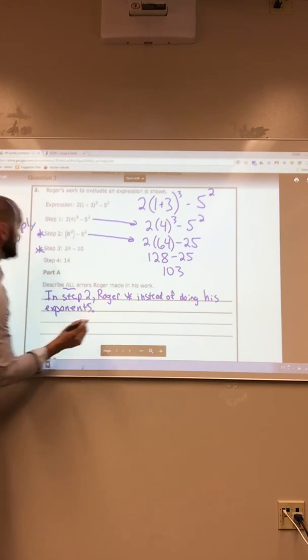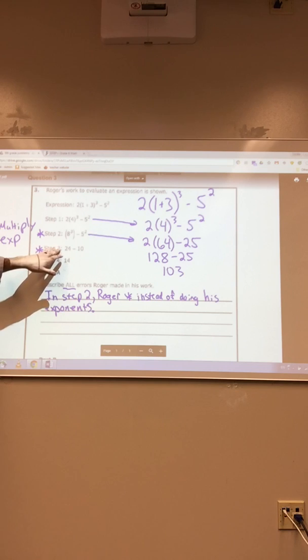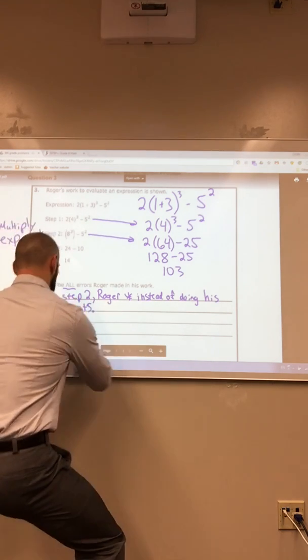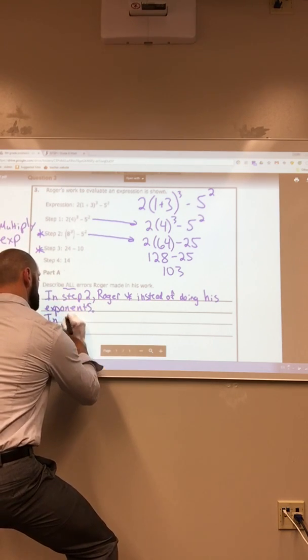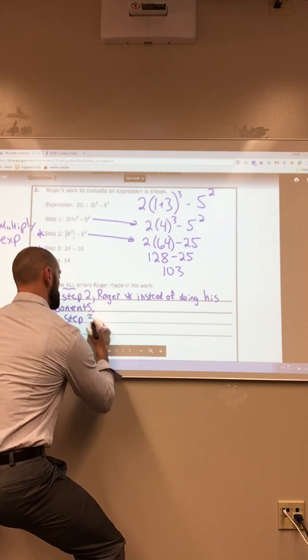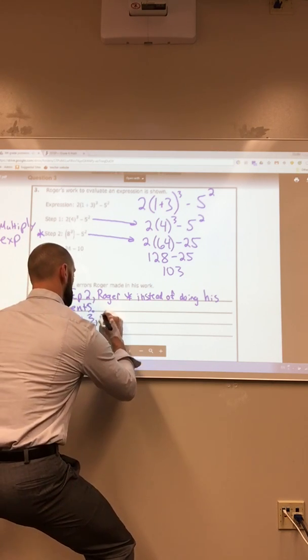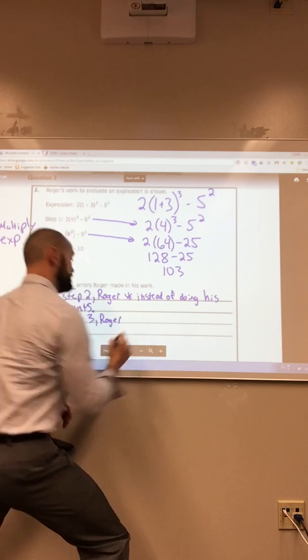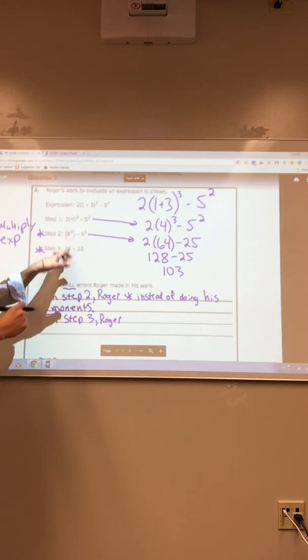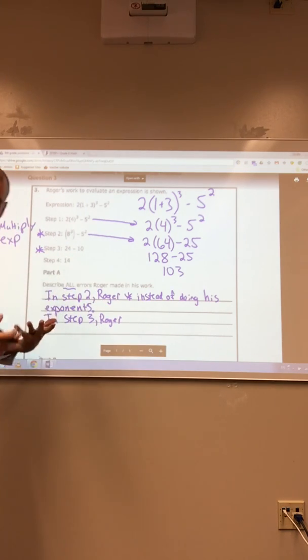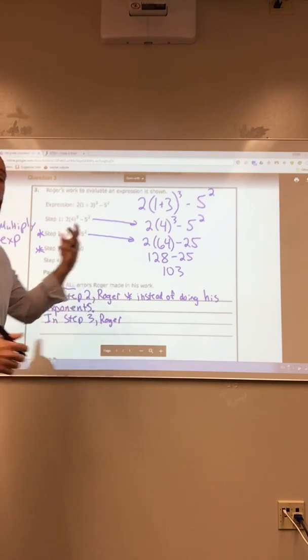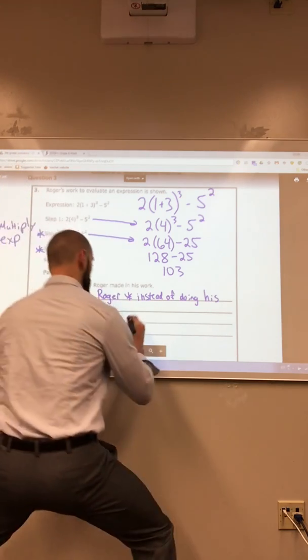Now, in step 3, we saw another mistake. So again, I'm going to start in step 3. Roger, and how did he get 8 and 3 to become 24? He multiplied those. But it was an exponent, so he should have taken 8 to the third power. So I can state it this way.